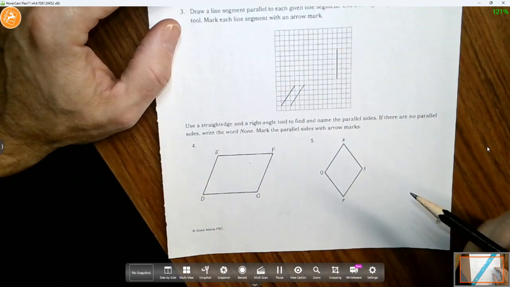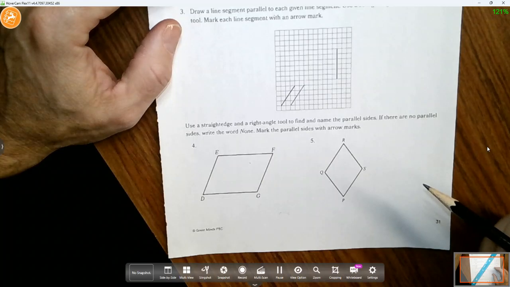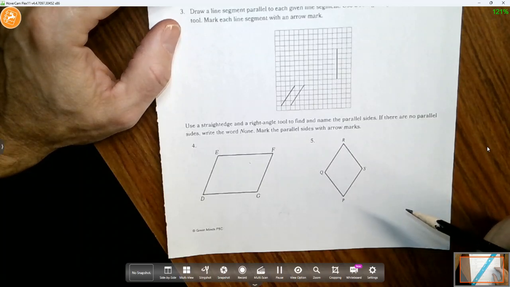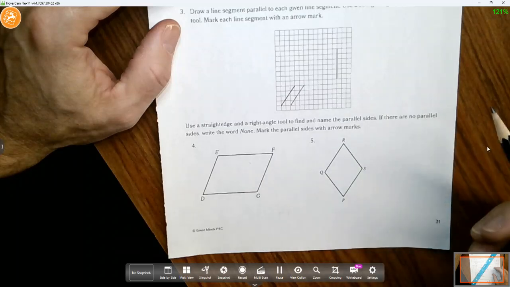All right. So I'm going to give you a hint. One of these has 2 pair of parallel lines.